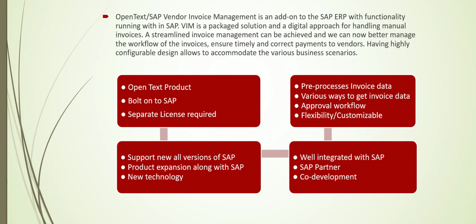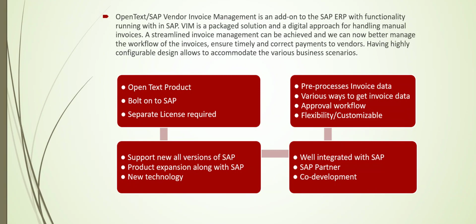When the invoice is received from the tax authorities in the XML format, an e-document is created as per the standard SAP solution, and from that e-document itself a Vim document is automatically created. So this kind of integration, these solutions or product expansions, are done by OpenText along with SAP.